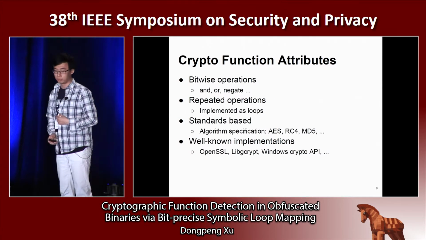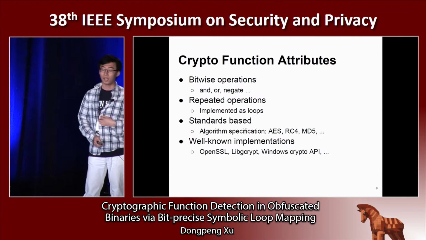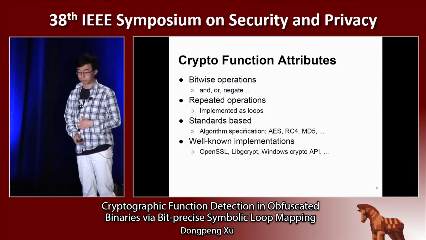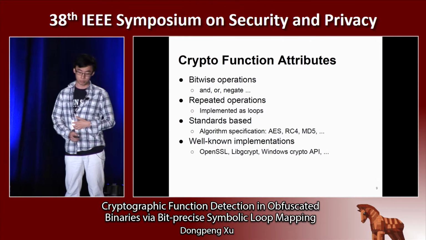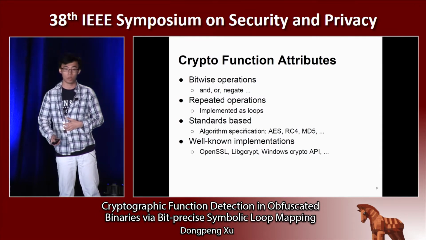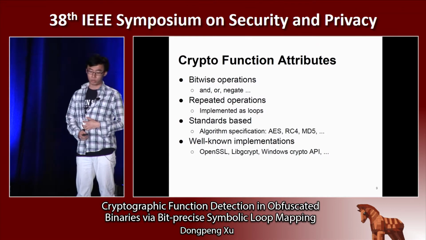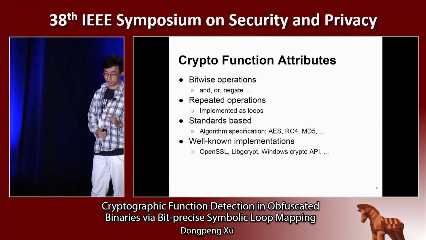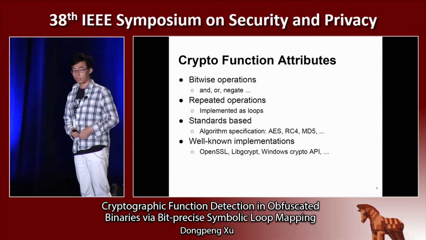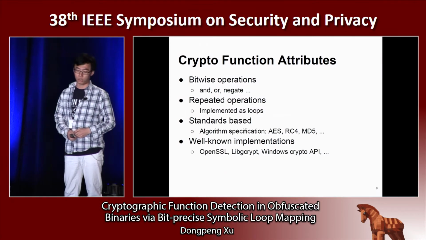Fortunately, there are some attributes of crypto functions that we can utilize to detect them. First, crypto functions usually have lots of bitwise operations like AND, OR, and negate. The second is that crypto functions have core transformations, which represent the semantics of the crypto algorithm.